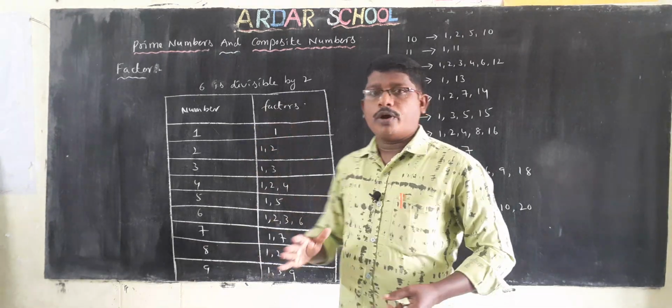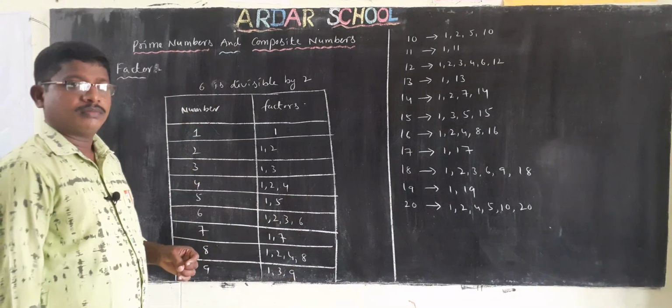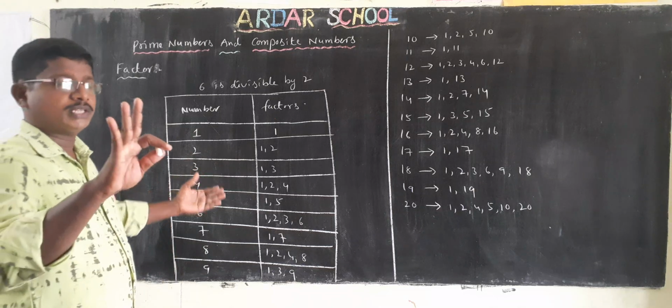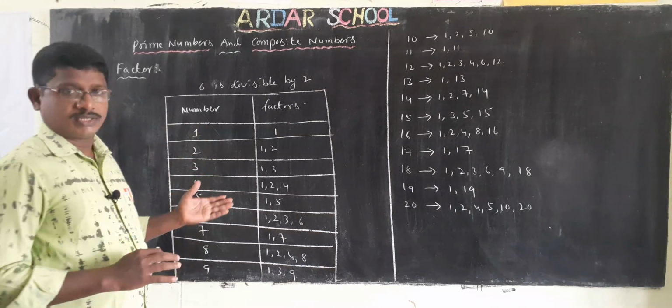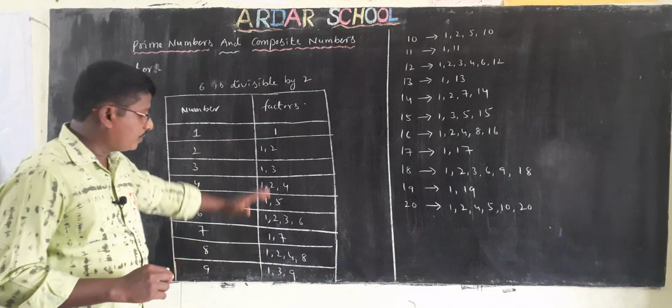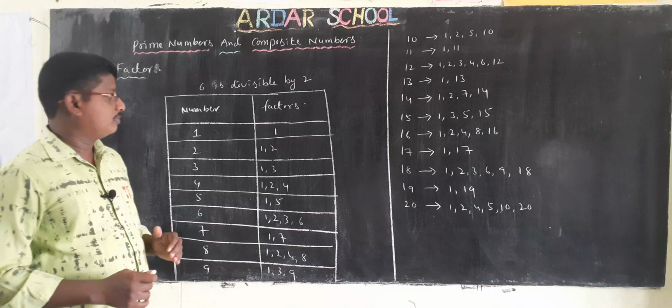These four points are most important regarding factors. Once again: the first point is 1 is a factor of every number, and that is the smallest factor.